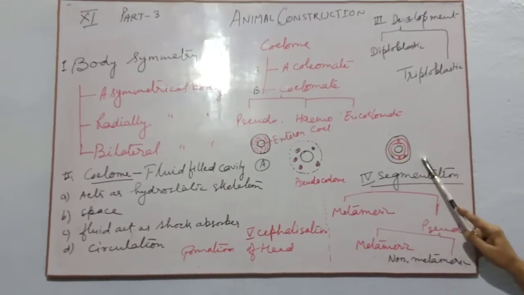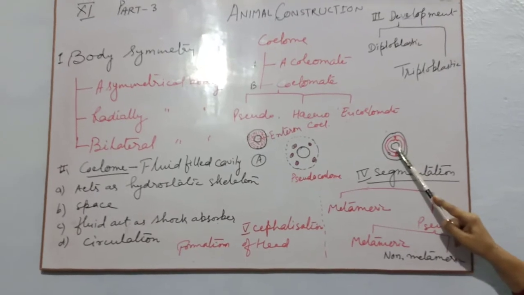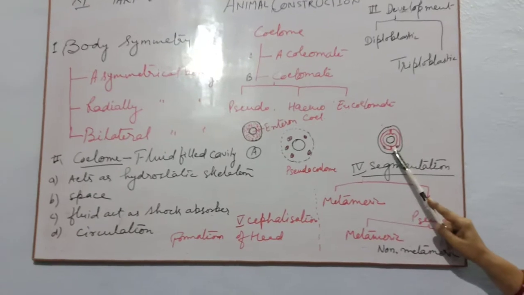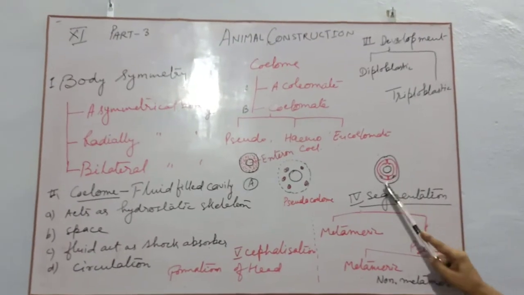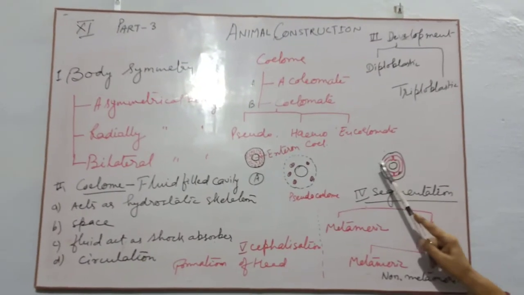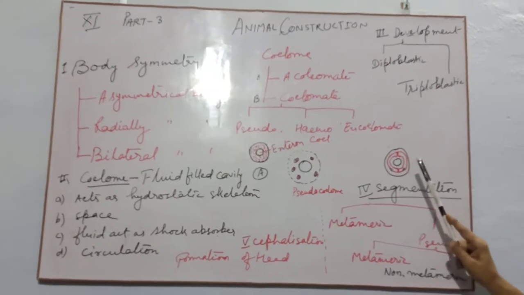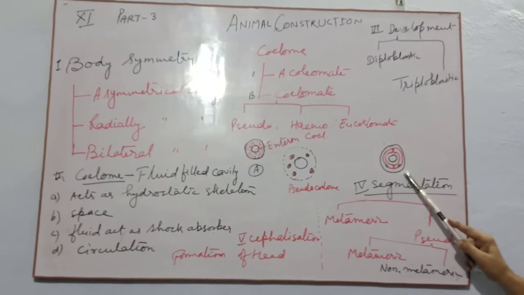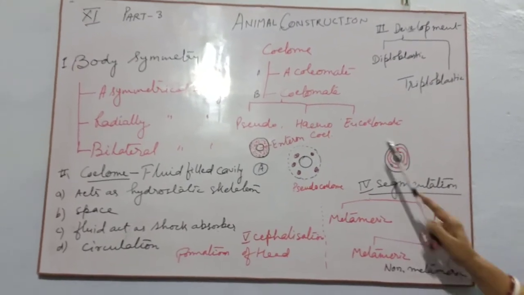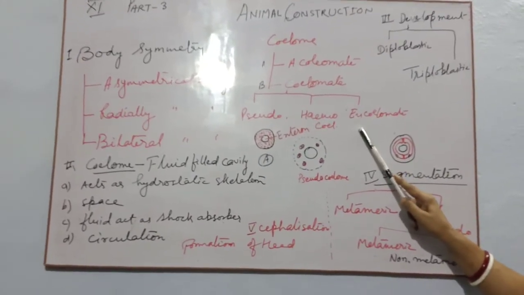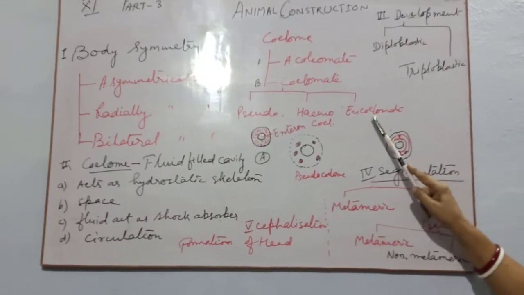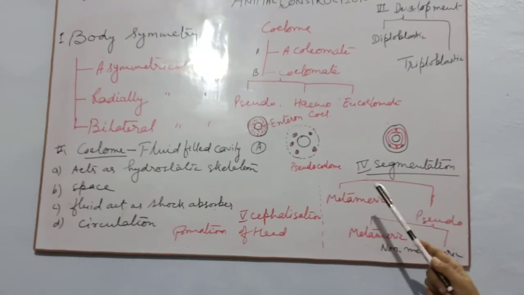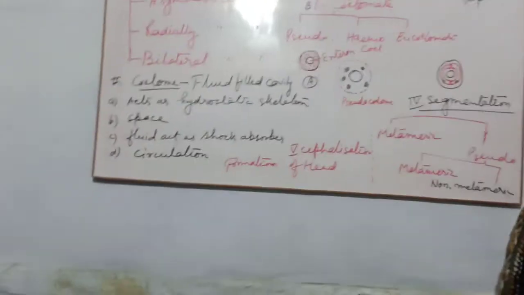The black outer one is ectoderm, the inner black one is endoderm, and the red colored area is mesoderm. Mesoderm has gonads and other organs in it, and mesoderm is also filled with fluid, called eucoelomate. Children, you know eucoelomate, E-U means true. So they have true coelom in them. Now children, for today it is okay. Thank you. God bless you.